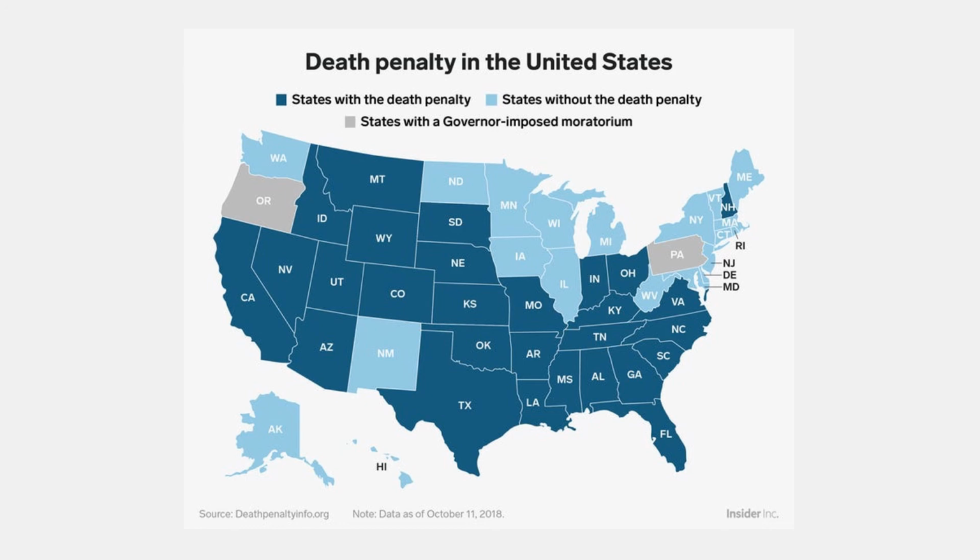It used to be used much more frequently than it is today. And so it is much more likely that a person, even if they've done something terrible, will get a life in prison type sentence or something like it rather than the death penalty. But it is up to the states whether they'll use it or not, and that's basically been the rule of thumb, and it will continue to be.